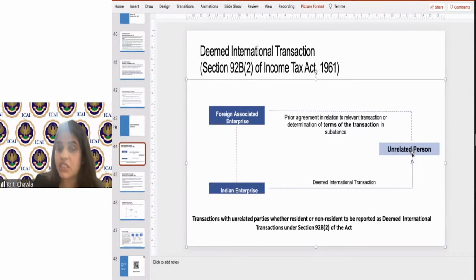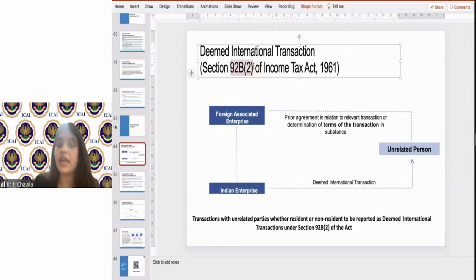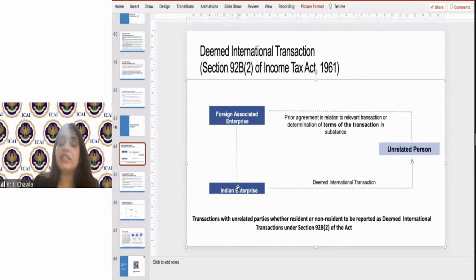So in this particular situation, the CBDT came up with section 92B(2) and they said that if the Indian enterprise transacts with this unrelated person and we get to know that the terms of this particular transaction were determined by the foreign associated enterprise, then we'll call the transaction between the Indian enterprise and the unrelated person a deemed international transaction.